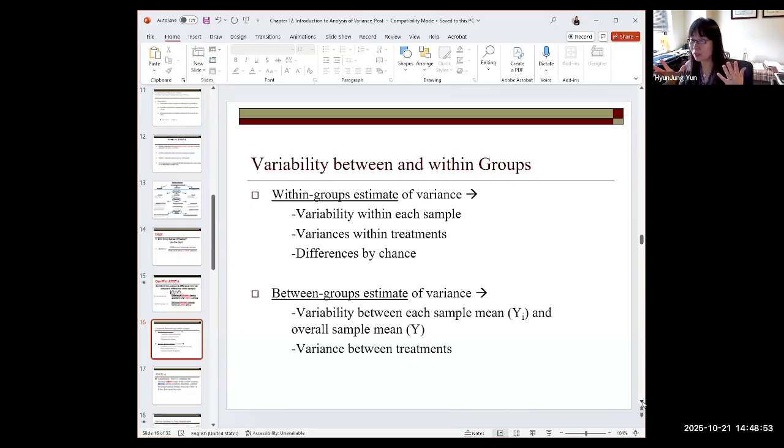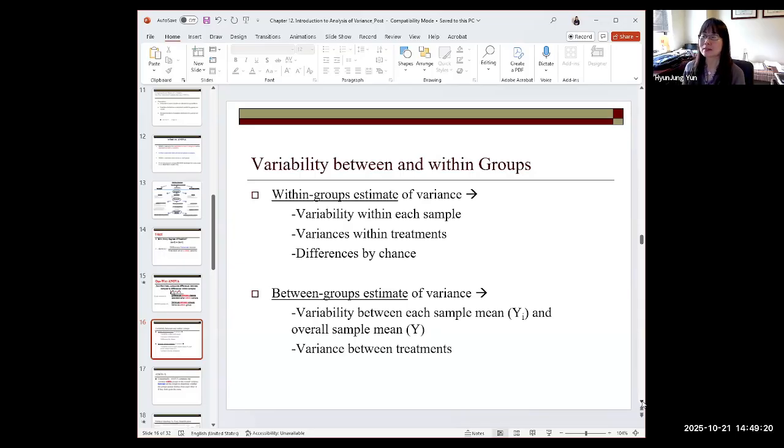We are people, we're all different. There are just some variations across the different people in a group and within a group. So variability within each sample, variance within the treatment, the tendencies, or different points in time, or simply error. That's the within group estimate, within group variance.